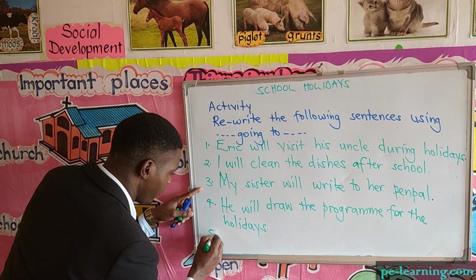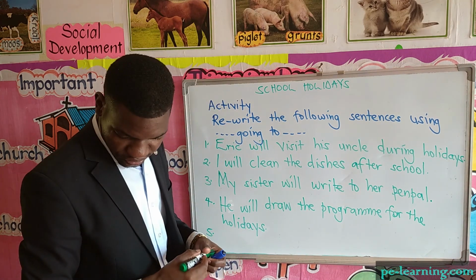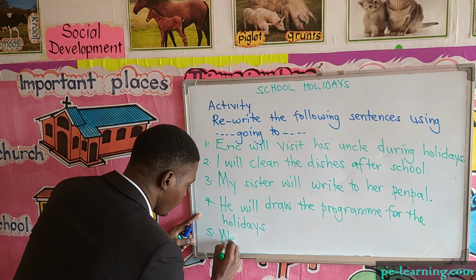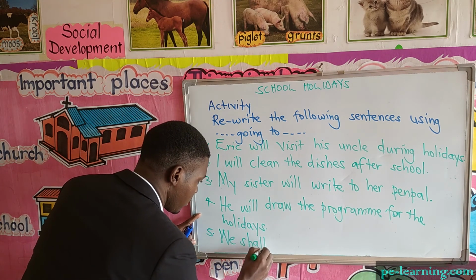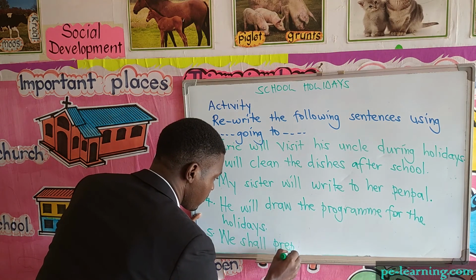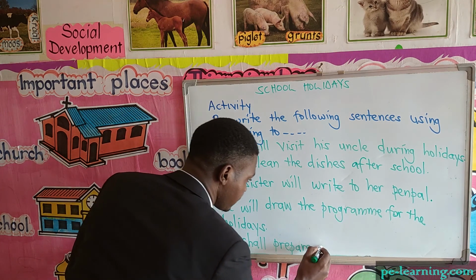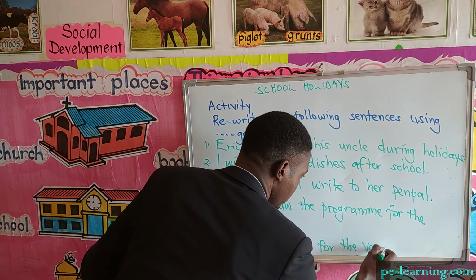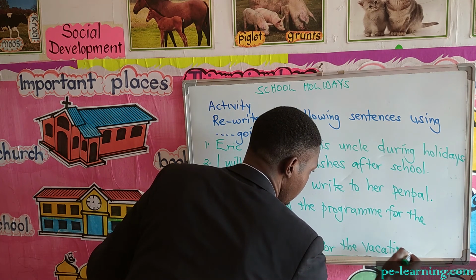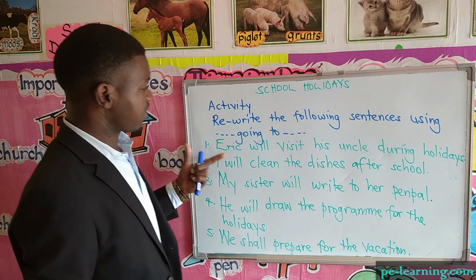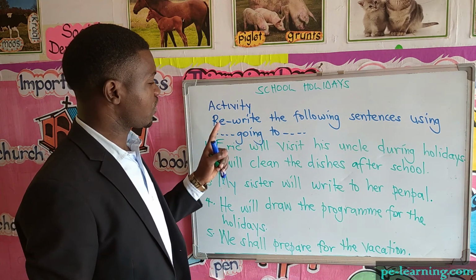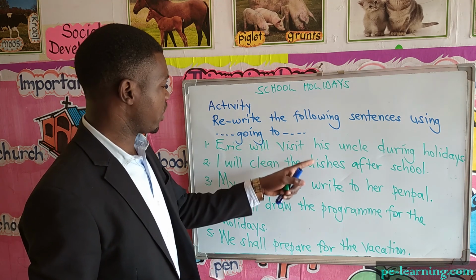And number five, the activity will be, we shall prepare for the vacation. So this is the activity that we have to do. Be sure to use "going to."